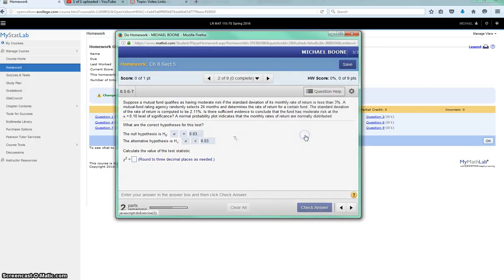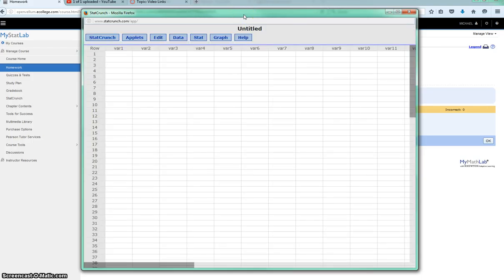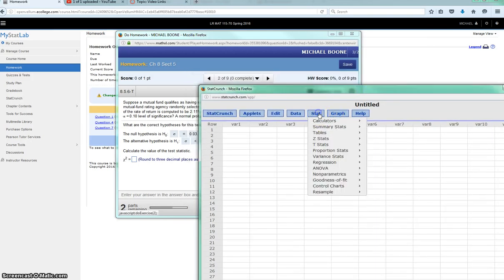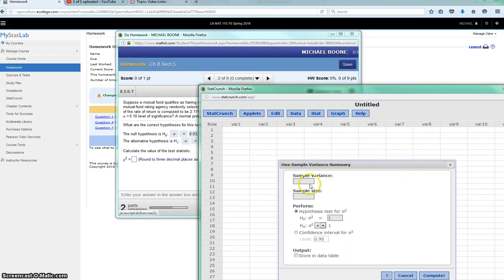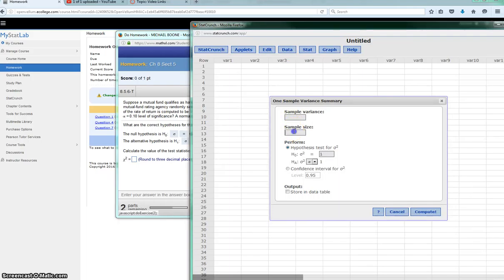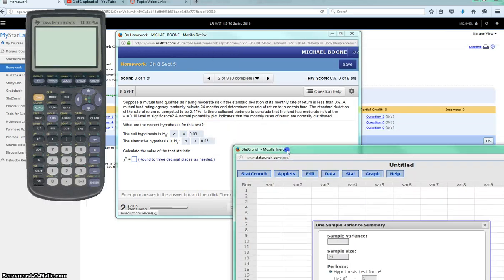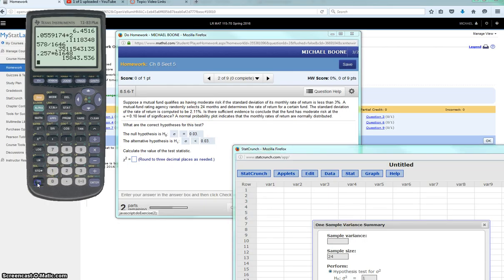Now when we do this in StatCrunch, again, we have to be careful because the way that we're going to calculate the test statistic doing variance stats is with the summary. So we know the sample standard deviation is that 2.11%, right? And the sample size is 24. But these are standard deviations, not variances that we need to plug in here.